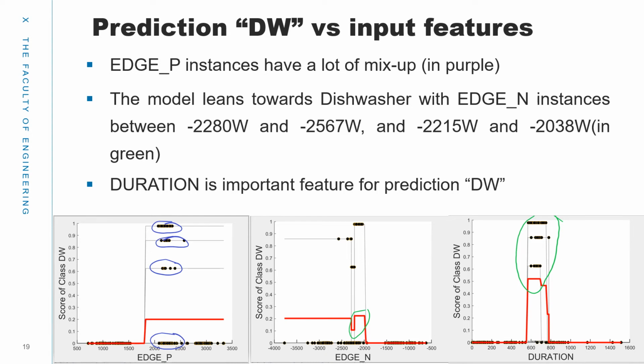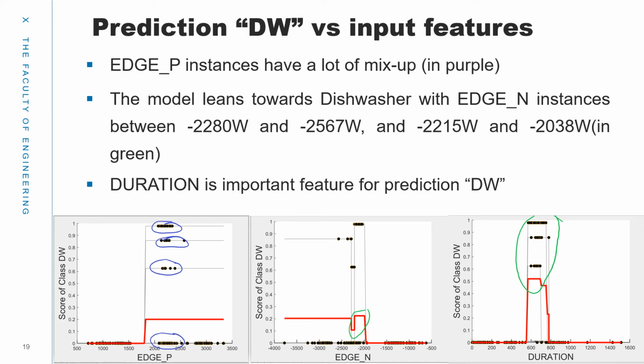With HN, the model leans towards dishwasher with values between negative 2280 watts and negative 2567 watts, and about negative 2,215 watts and negative 2,038 watts. We see the PD plots rising with these instances highlighted in green. Nonetheless, the rise is not too much, as in washing machine, indicating low confidence in prediction.